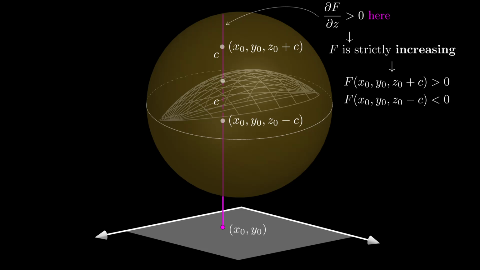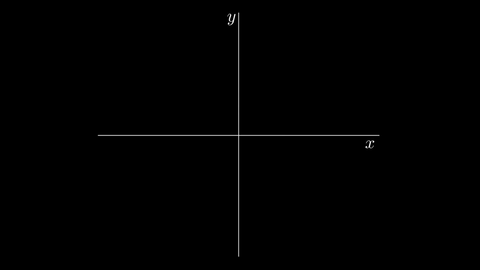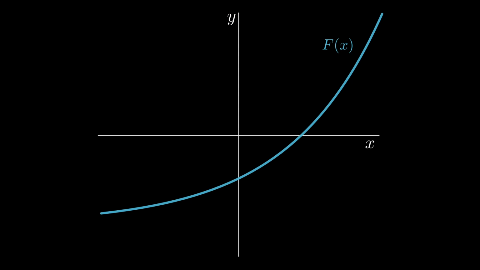And if this feels confusing, I'm going to explain it with the 2D case. Here I have our xy plane and I have a function. Let's suppose that it has a positive derivative, as a single variable function. And remember, what does it mean for a single variable function to have a positive derivative? It means that the function is strictly increasing, like this function right here.